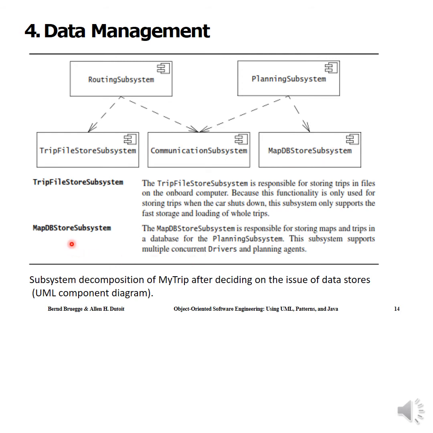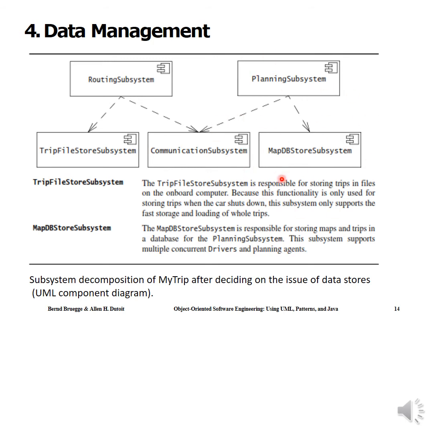So the map database store subsystem is responsible for storing maps as well as trips in a database for the planning subsystem. The subsystem supports multiple concurrent drivers and planning agents. As I have said in the previous slide, where and how data is stored affects system decomposition.